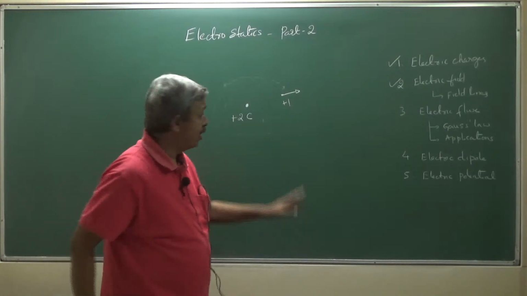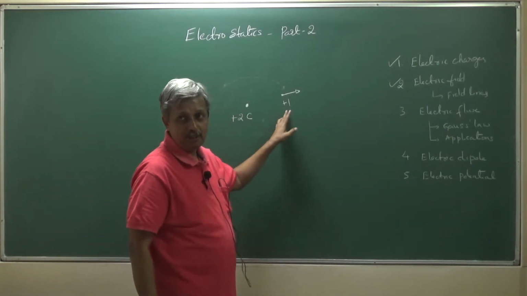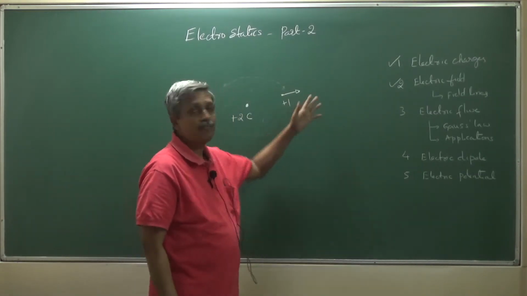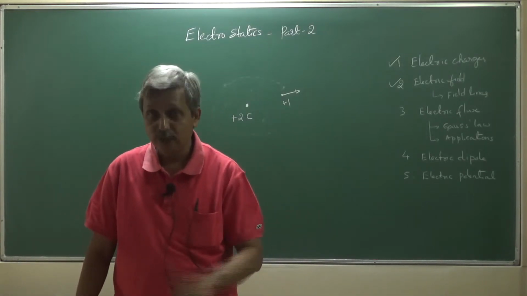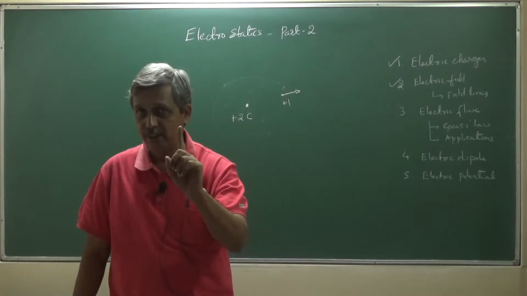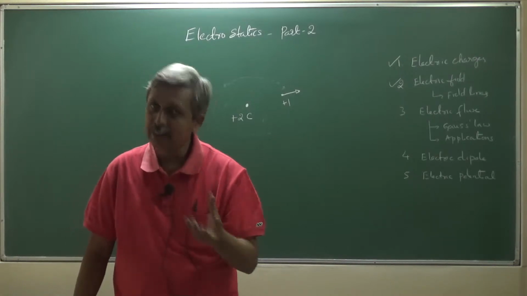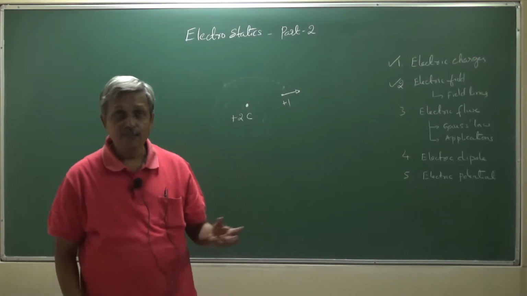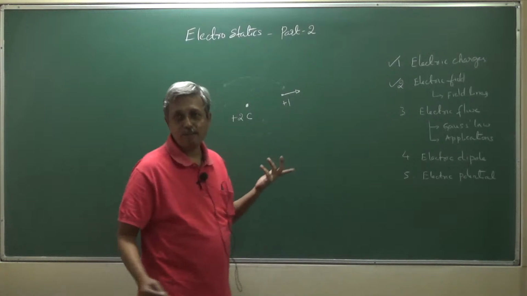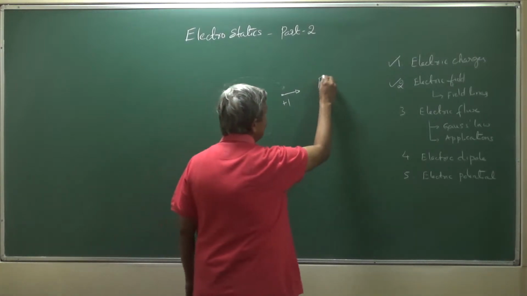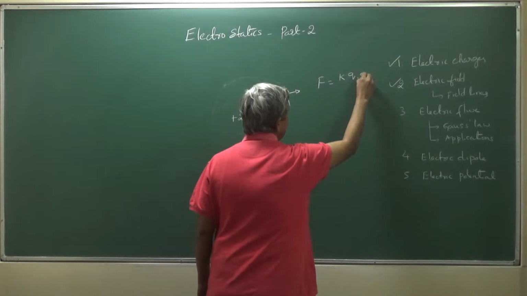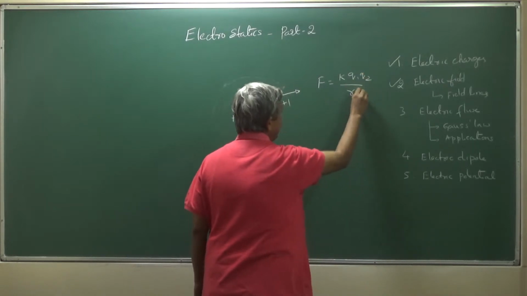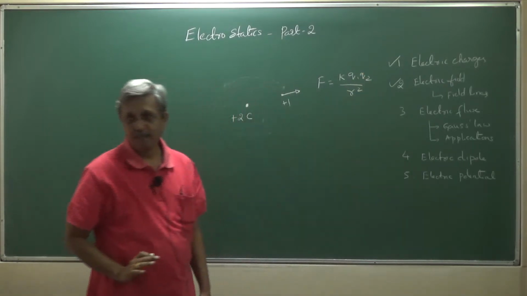If we keep a bigger charge, plus 2, plus 3, plus 4, it will be a bigger force because of Coulomb's law. Force is always K into Q1 into Q2 by R square, where R is the distance between them.